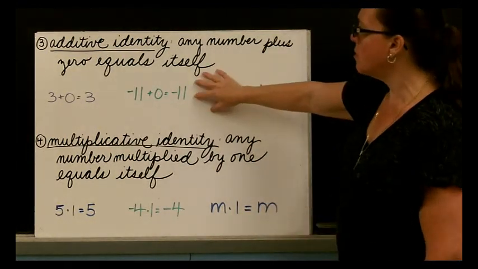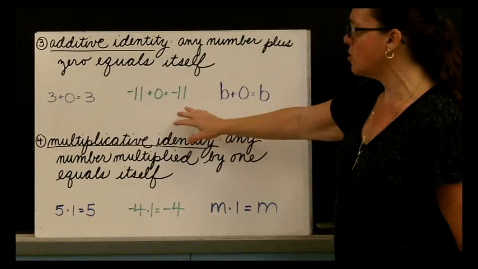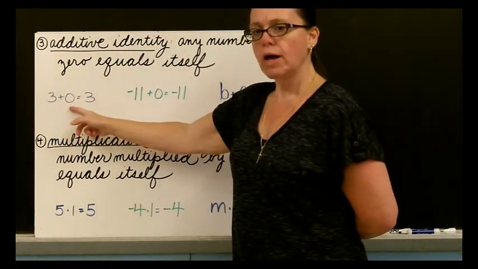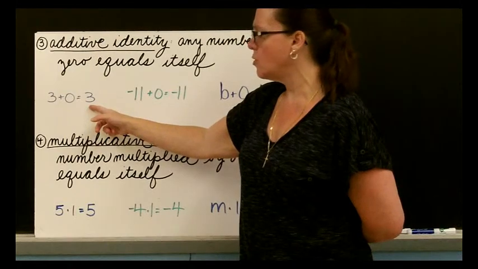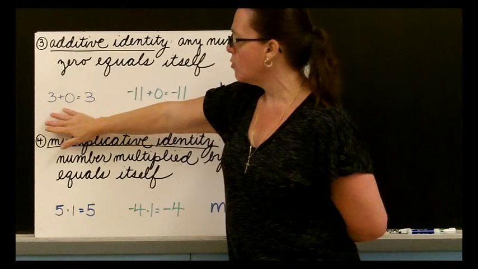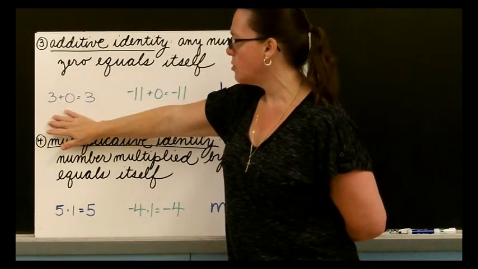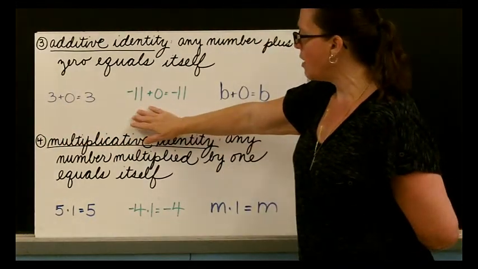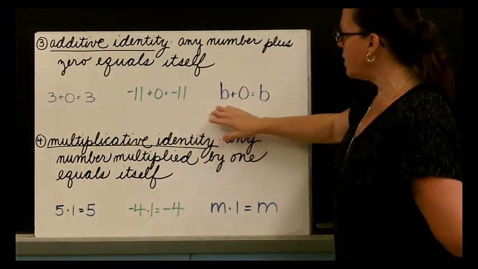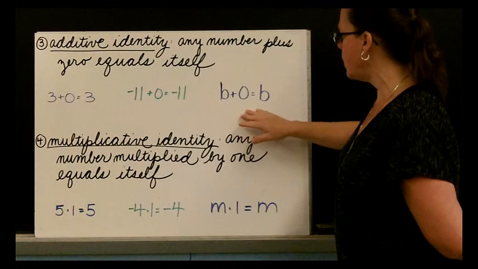When we're talking specifically about the additive identity, we're just saying that any number added to 0 keeps its identity. So any number plus 0 equals itself. And as you can see here, 3 plus 0 equals 3, a negative 11 plus 0 equals negative 11, and b plus 0 equals b.